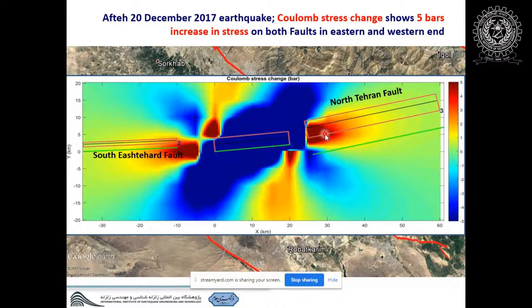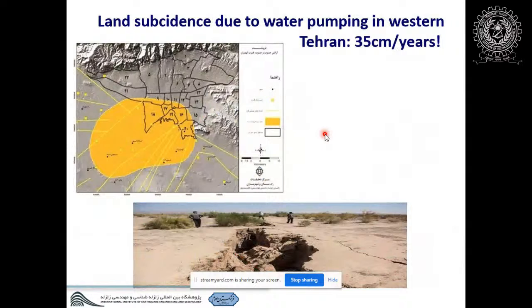Another piece of geological evidence in that region is the land subsidence due to water pumping in Tehran. The land subsidence has a record in that region of 35 centimeter per year. This is real.